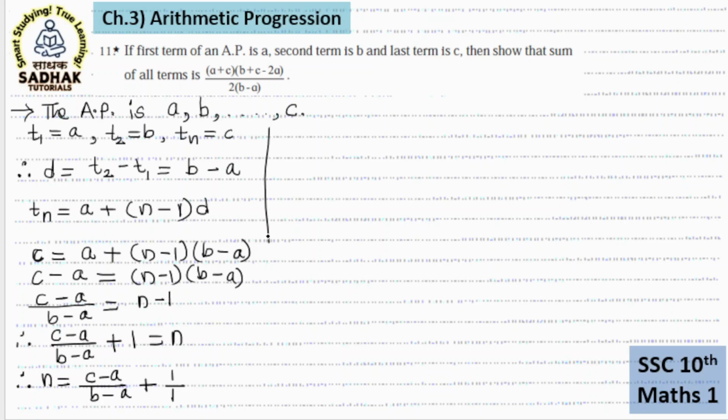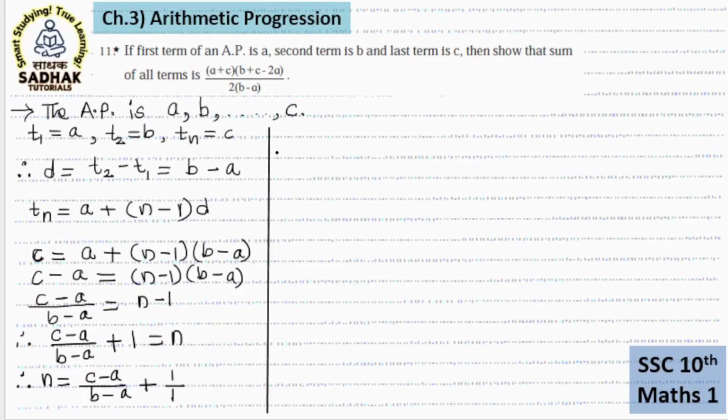Fine. Now this B minus A is the denominator of the first fraction and 1 is the denominator of the second fraction. So they are not like fractions. We cannot add them directly, we will have to cross multiply, right?